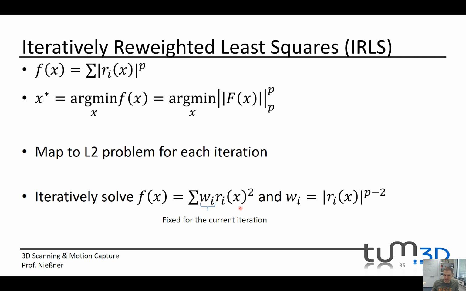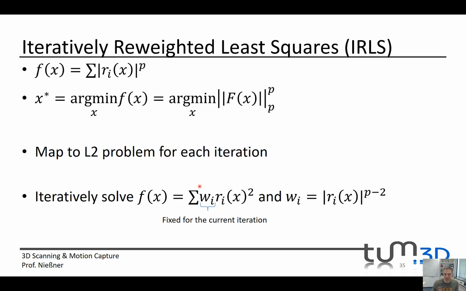We're just factorizing this one out, and we're having a part of it that is missing right now in this term to make it a p-norm instead of a 2-norm. So we're factorizing that one out in this w_i. So w_i is basically nothing else but whatever is missing to the p-norm, right? So w_i times r_i squared is the same as r_i with the p-norm, right? So this is r_i to the p minus 2 norm, right? It's very straightforward because if you multiply the 2, then you're getting to the original term.